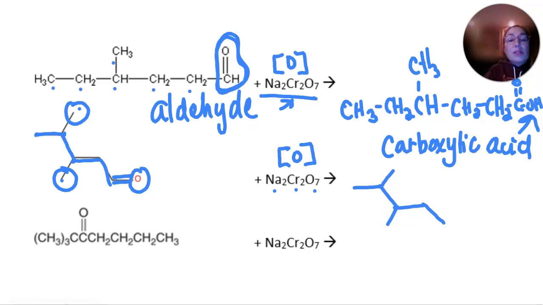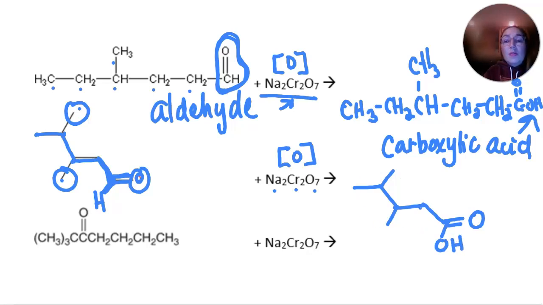What we want to notice is at the end, there was a C double bond O with an assumed H here at the end. And with a line angle formula, you kind of have to assume the right number of H's are there, even when they're not drawn in. So what we're going to do is, again, we've got that C double bond O with an H, or we've got that aldehyde. We're going to oxidize it to a carboxylic acid.